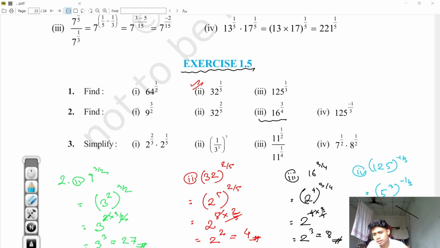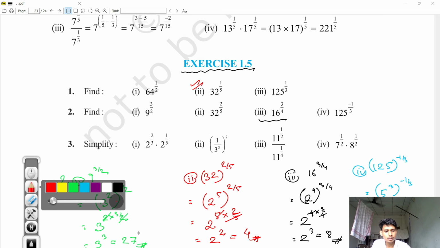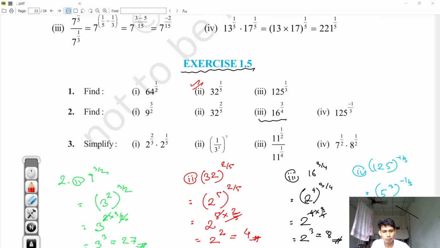Whatever remains is 5 to the power minus 1. Now 5 to the power minus 1 can also be written as 1/5. Therefore, these are our required answers. For 1, it will be 27, 2 is 4, 3 is 8, and 4 is 1/5.